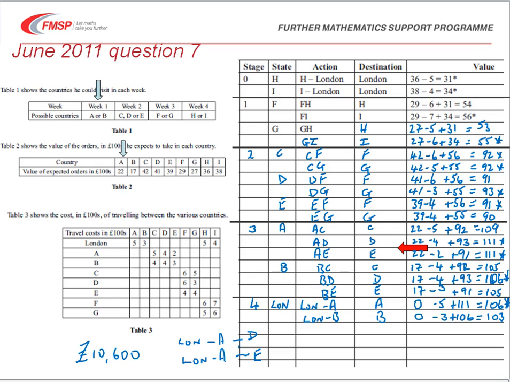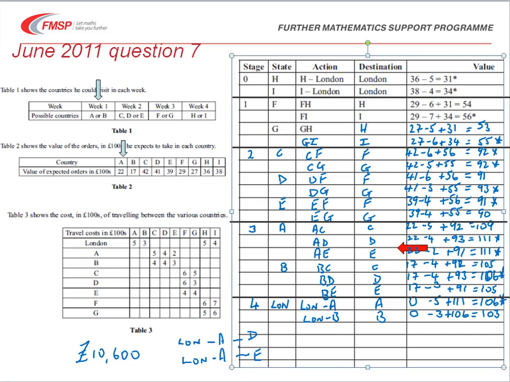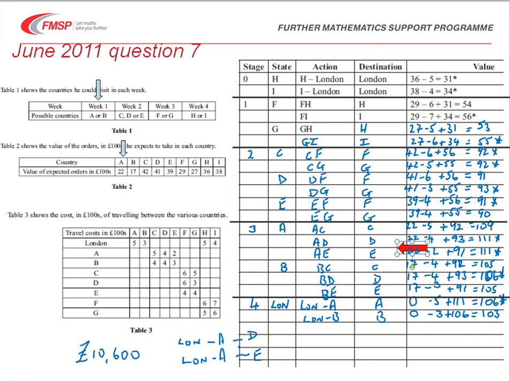Well, let's follow the route for D through our table. If we go to the next one up, we'll see that in D, the asterisk is pointing us to G. And then moving on up again, in the next stage up, we'll see that the G is moving us to I. And then of course we come back to London, the final stage.